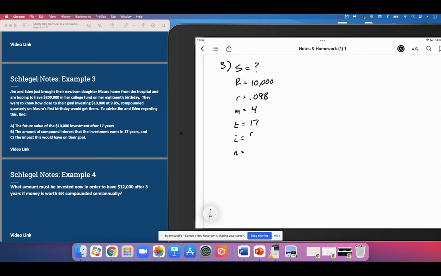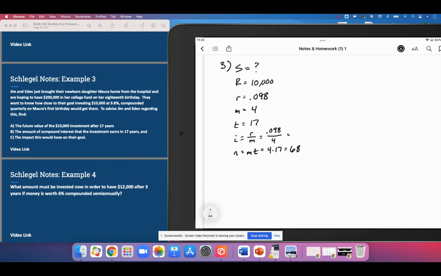And so I is R divided by M, N is M times T. R over M is 0.098 over M, which is 4. And M times T is 4 times 17, so 4 times 17 is 68.